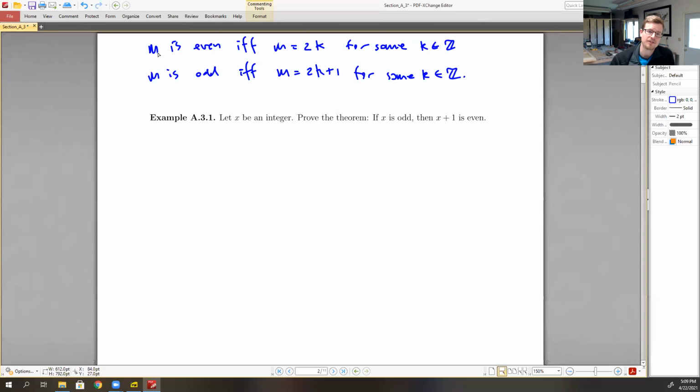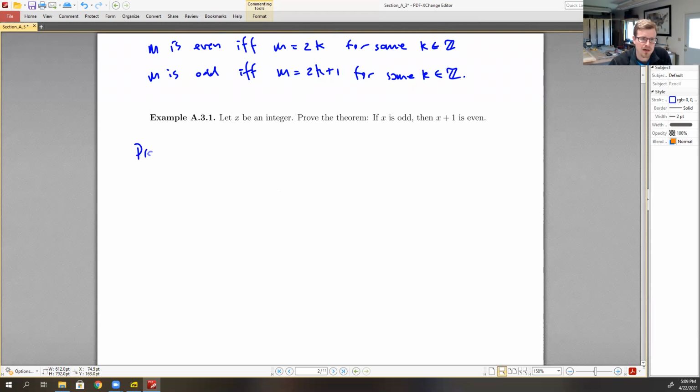If m is even, then it can be written this way. Similarly, if it can be written this way, then it is even, because that's what the if and only if statement is. It is the implication forwards and the implication backwards. If m is even, then it can be written this way. If it can be written this way, then m is even. So we want to utilize this idea.